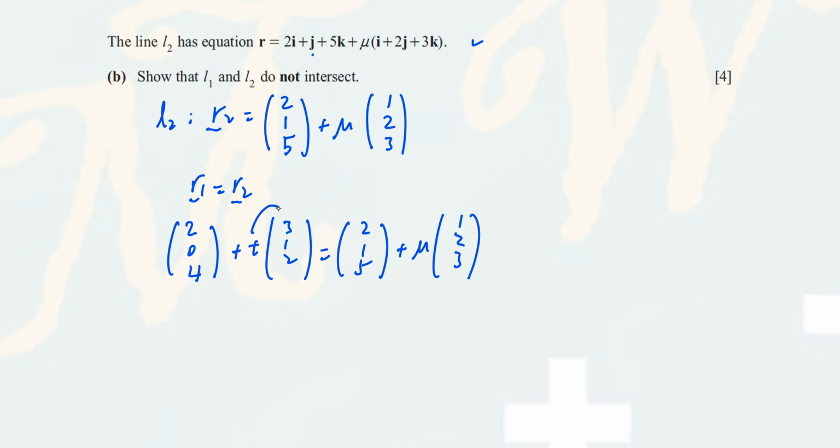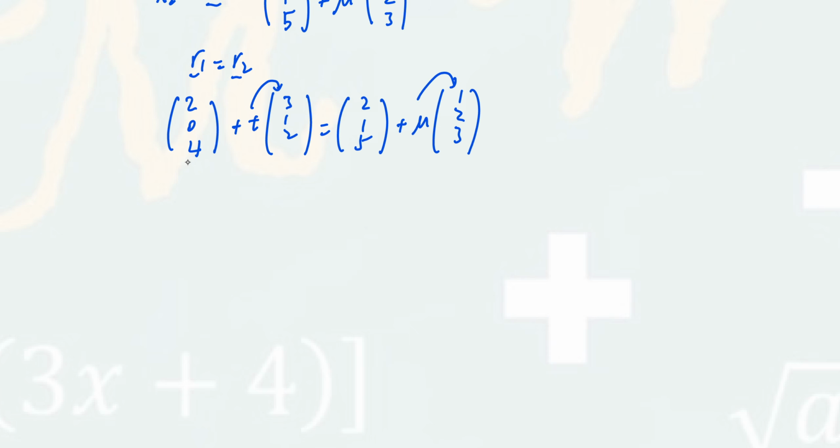Okay, so from here, we will bring in the unknowns. All these unknowns, just bring in. At the same time, ignore the brackets. So I will get 2 plus 3t, 0 plus 1t, so just t, 4 plus 2t, when you bring in, equals to 2 plus 1 mu, 1 plus 2 mu, 5 plus 3 mu.